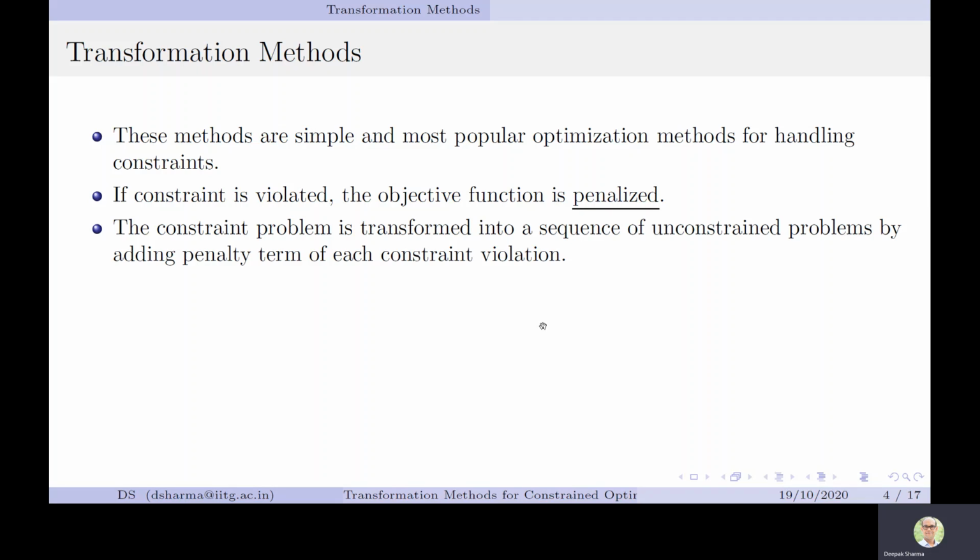So this constrained problem is transformed into a sequence of unconstrained problems by adding a penalty term for each constraint violation. We have already gone through the method of multipliers, in which we converted the constrained problem into an unconstrained problem by adding the Lagrangian multiplier with the constraints.